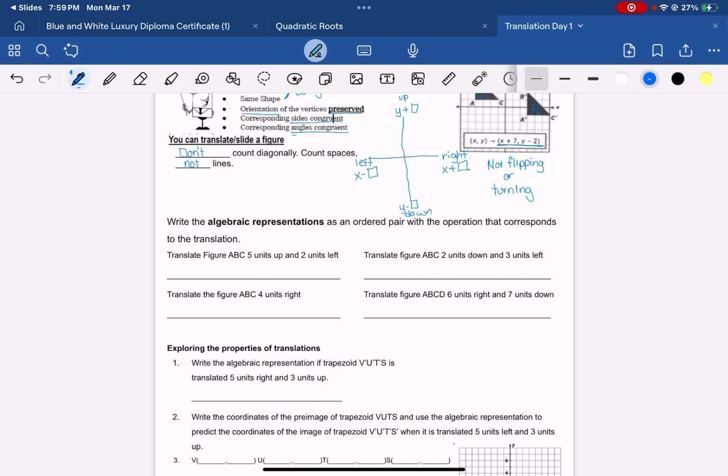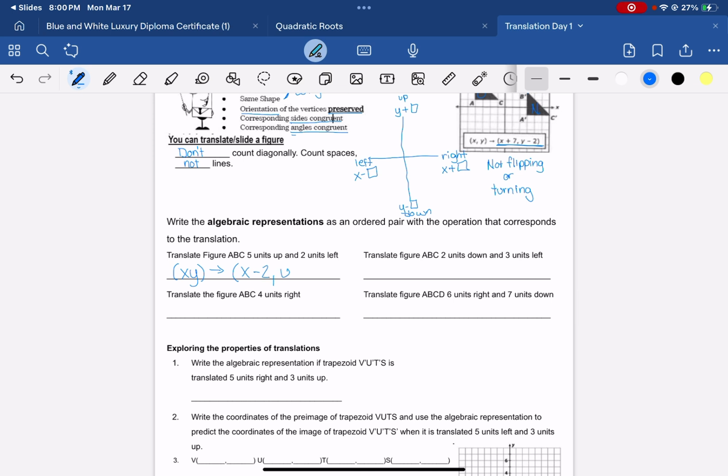And again, it says that we need to write our rule. That's our whole thing. So again, I'm going to start with my ordered pair, the original, and it's going to go parenthesis. Well, my x is left and right, correct? So x, and it says left. Because it says left, I'm going to subtract 2.